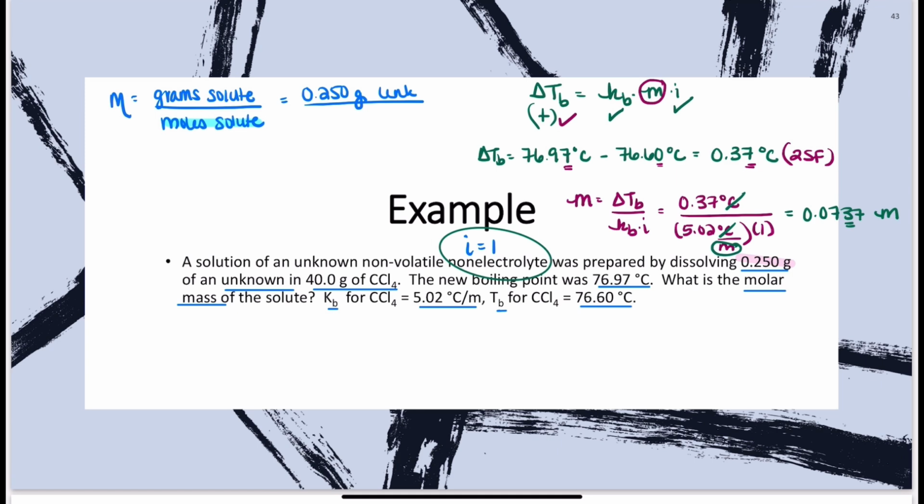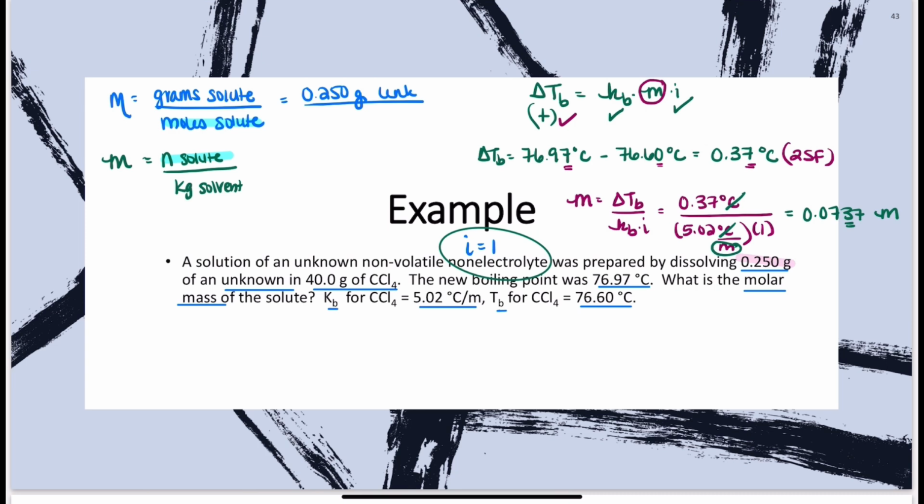I still don't have my moles of solute. But remember what molality means. Molality is equal to the number of moles of solute divided by the kilogram of solvent. What I need is right here.